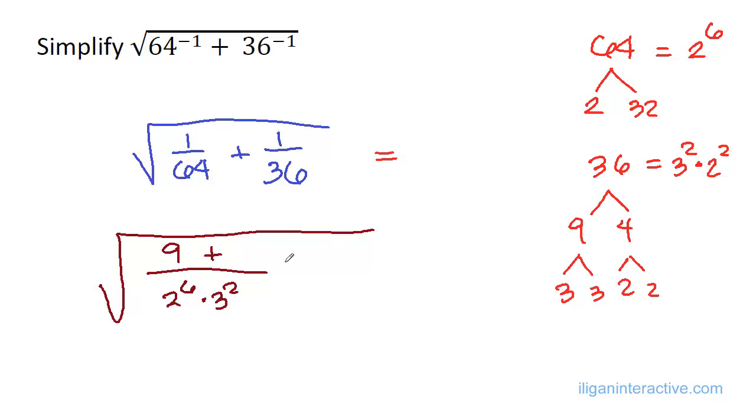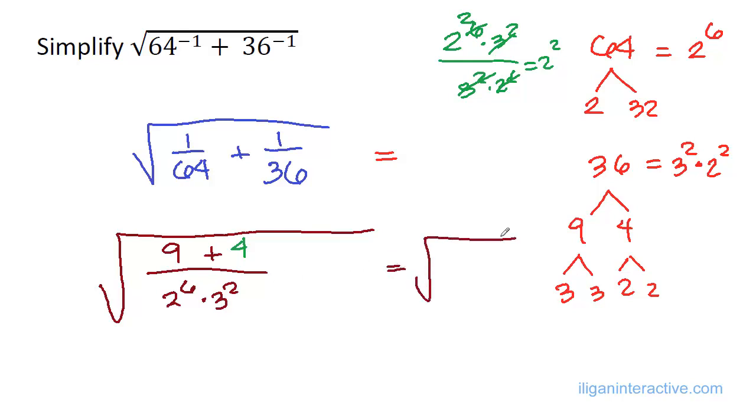I think you will get 2 to the 6 times 3 squared divided by 3 squared times 2 to the 4. 3 squared cancels, 2 to the 4 cancels with that, and we are left with 2 squared, or simply 4. So what we are left with now is the square root of 15 all over 2 to the 6 times 3 squared, which of course we can take the square root of, because when you take the square root, you simply divide the exponent by 2.